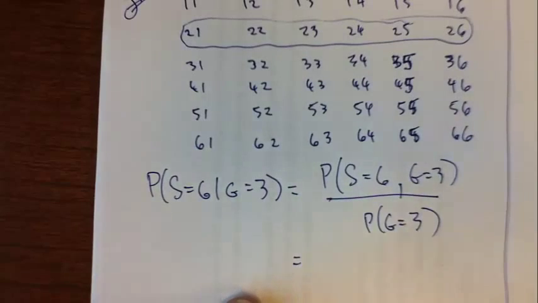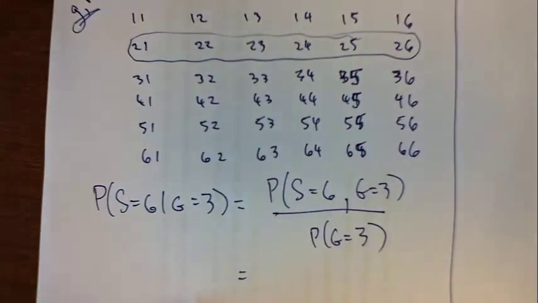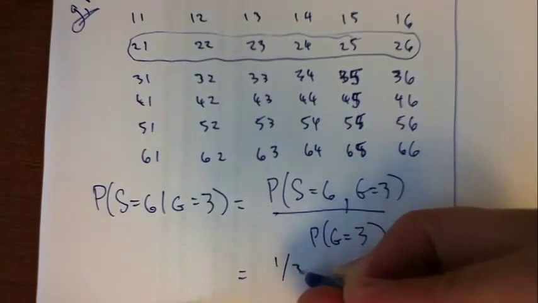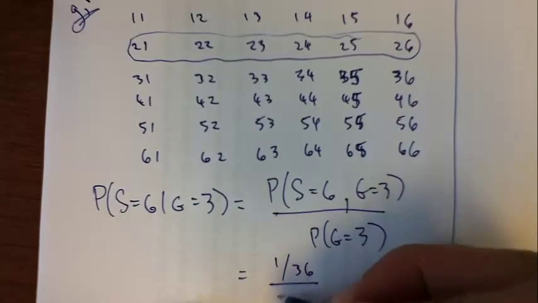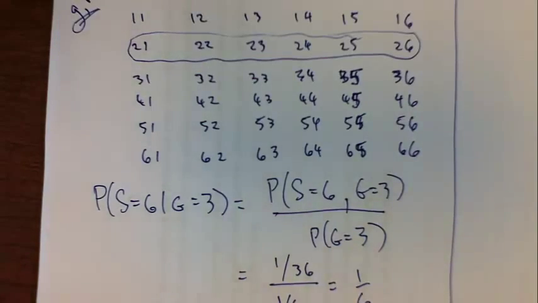Right? So what's the chance that you get a 6 and a green 3? There's only one way to do that if you look up here. Right? One way out of 36. And the chance that the green is 3 is 1/6. That's 1/6. Okay.